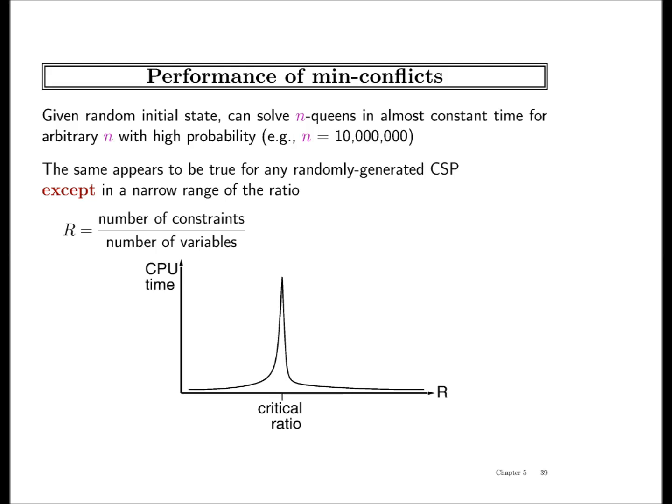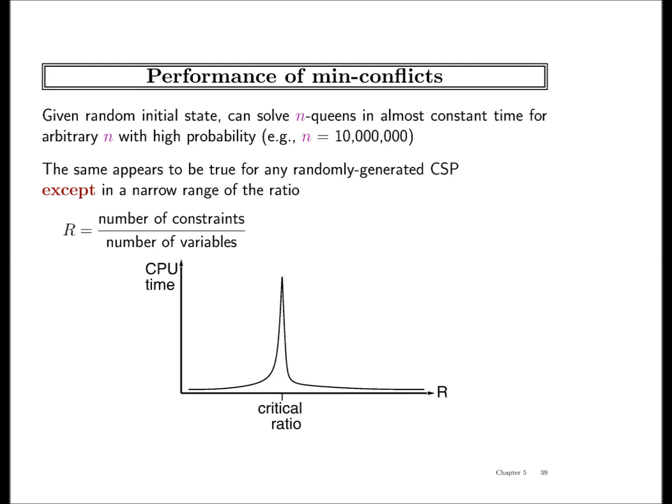Okay? And local search is going to find a solution for it very quickly for very large problems, except if my problem is around this point. This point is called the critical ratio, and the surrogate for this is number of constraints divided by the number of variables.